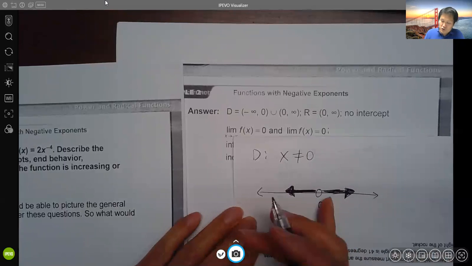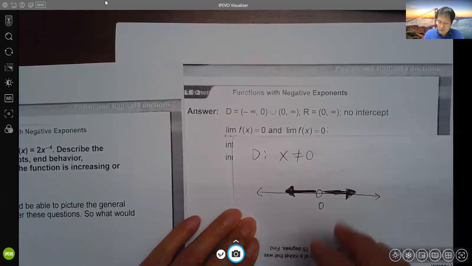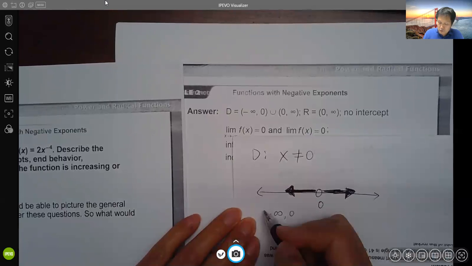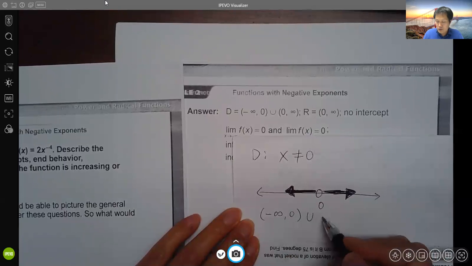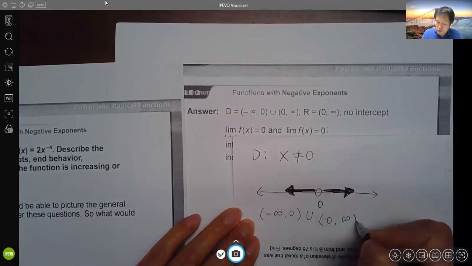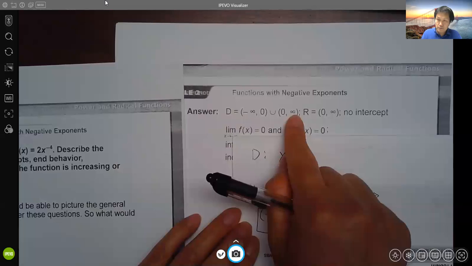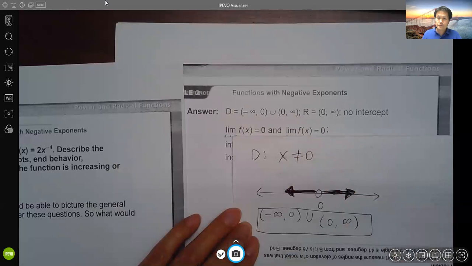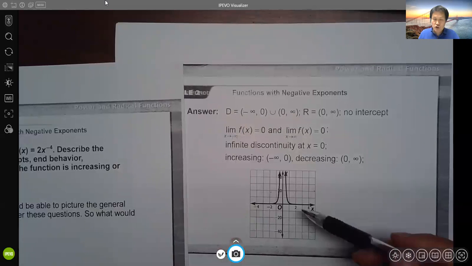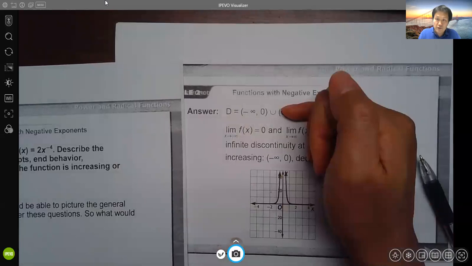So interval notation: minus infinity to 0, union with 0 through infinity. That will be your domain. Everything but 0. Range: the lowest you can hit is 0 and higher, so 0 through infinity.